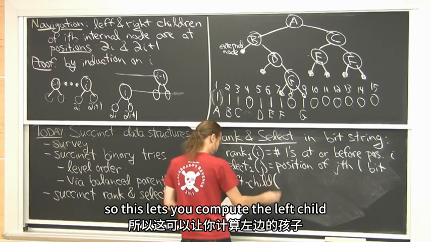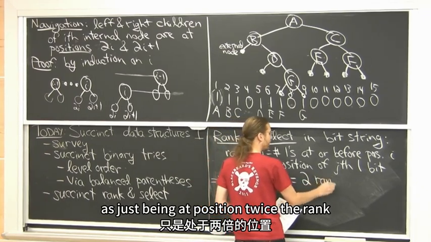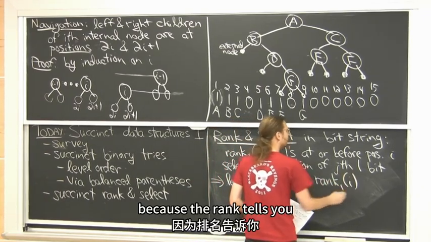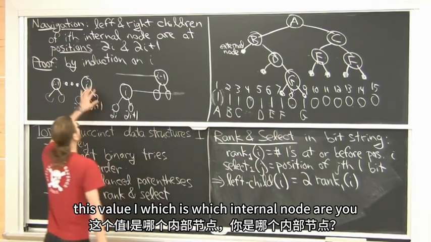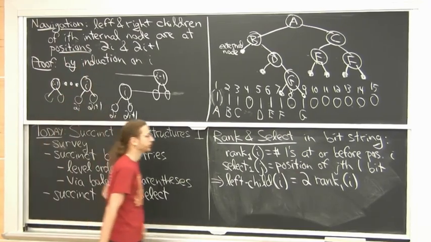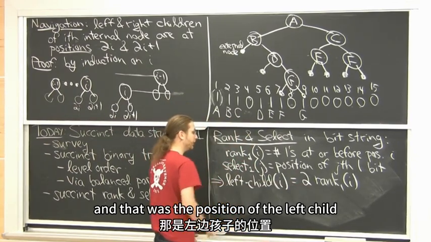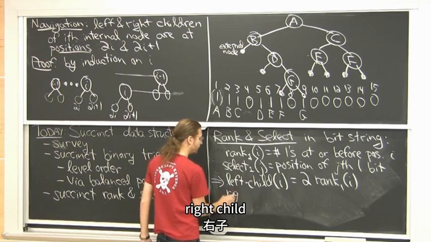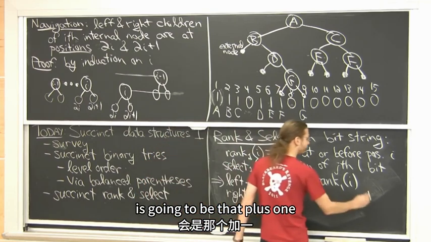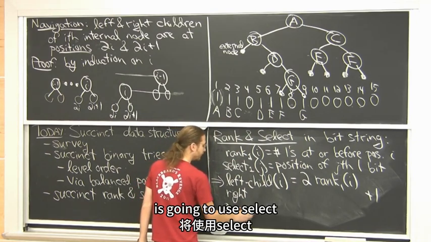So this lets you compute the left child as just being at position twice the rank. Because the rank tells you this value i, which is which internal node you are. That's your rank. You multiply by 2, and that is the position of the left child. Right child is going to be that plus 1. Parent is going to use select.